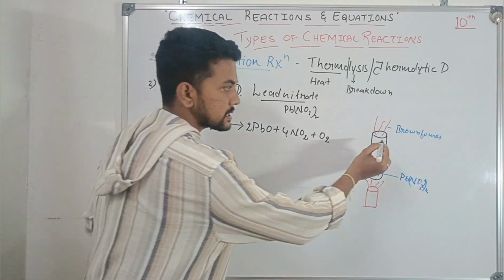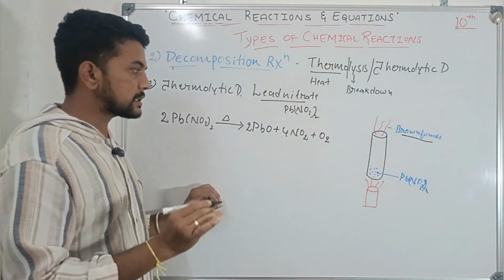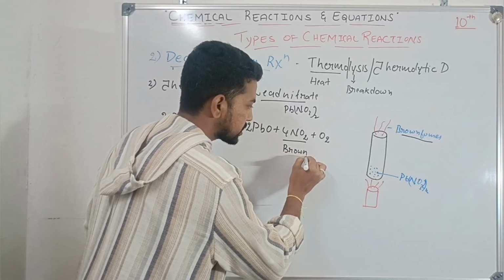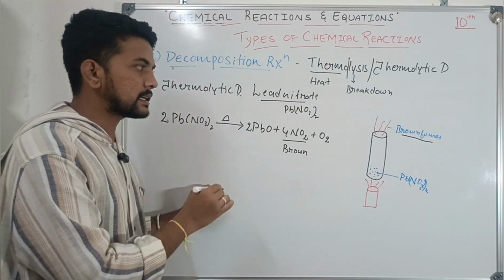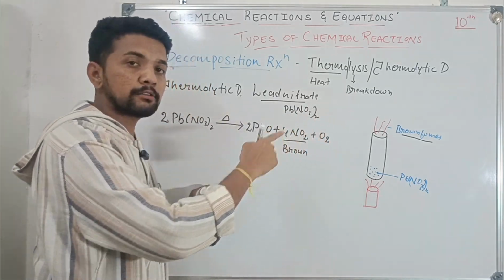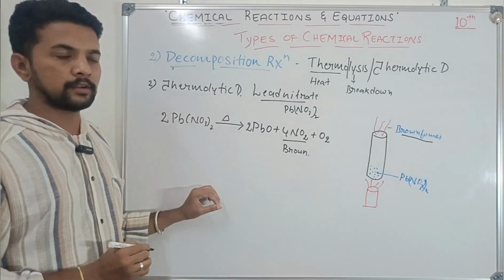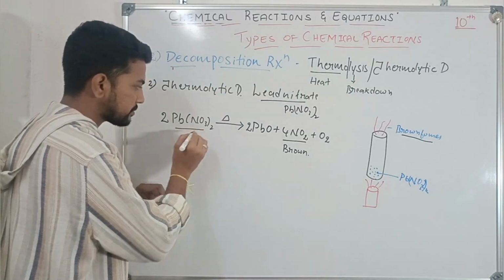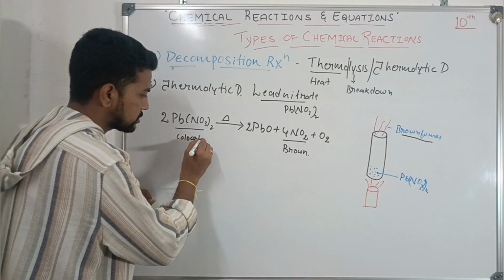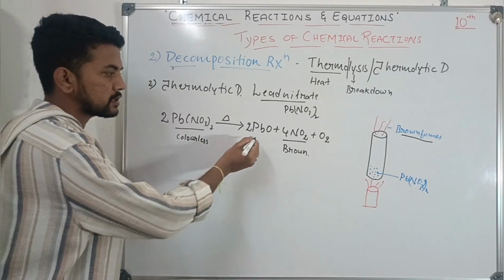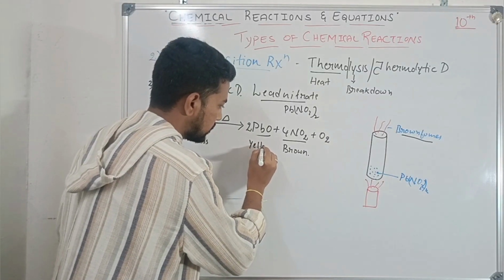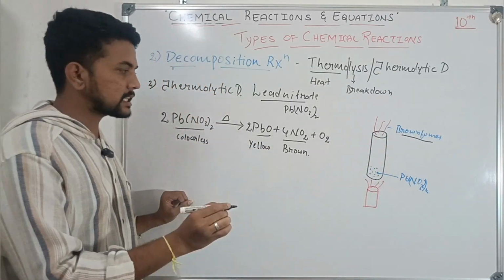The brown fumes are nothing but the evolution of nitrogen dioxide gas. Lead nitrate is colorless, and when you heat it, it produces lead oxide, which is yellow in color.